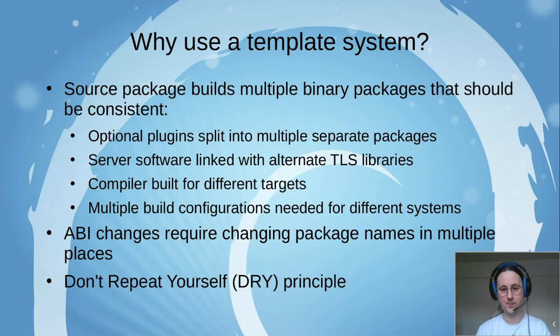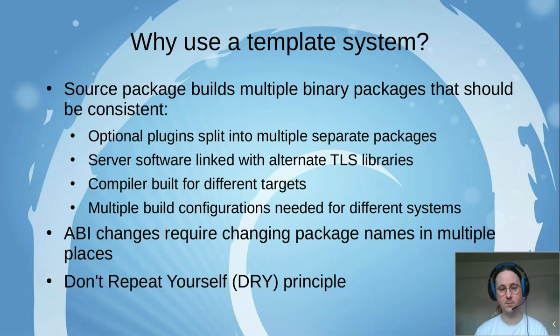And if for any reason you need to have multiple build configurations that are useful on different systems, obviously this is important for the Linux kernel packaging. Sometimes a single configuration isn't suitable for all computers that use a single architecture.